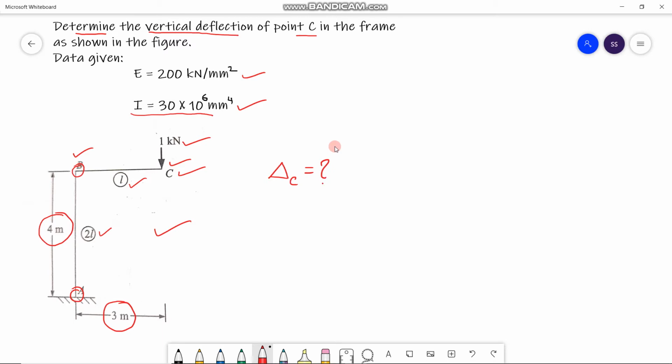To calculate this, we have to follow certain steps, and the steps are as follows.